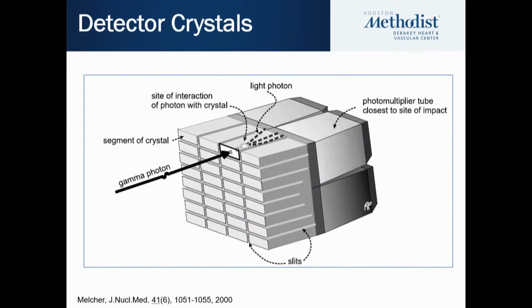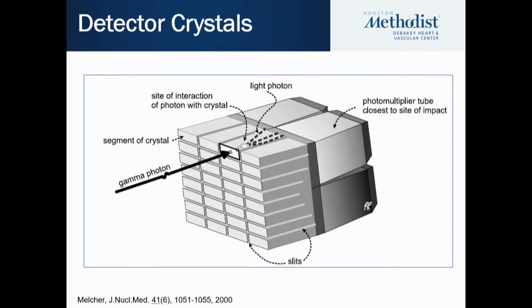So let's go dig deeper and try to understand what's in that unit here. What you have are three things. You have first the detectors, which will have the gamma photons coming in. You get the detectors here, which capture the gamma photon. Then it gets amplified in the photomultiplier tube. And then there are the electronics that will send it back for processing by the component of the electronic system.